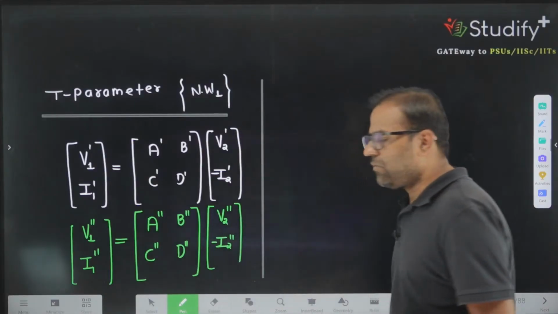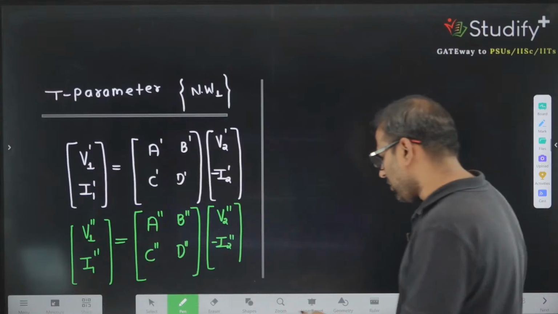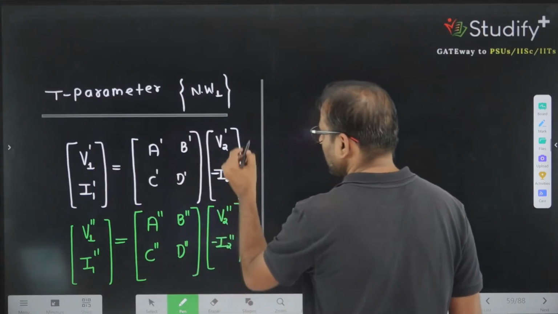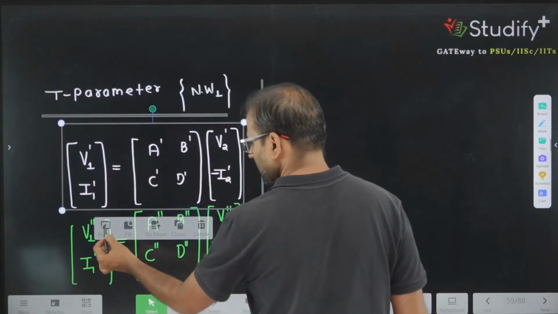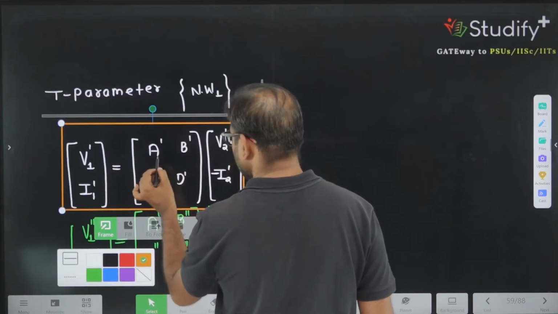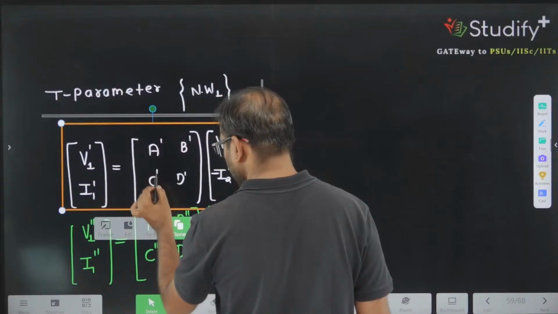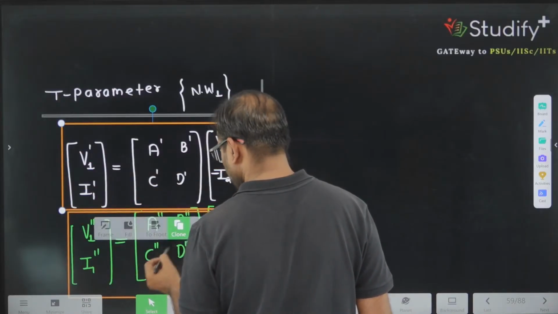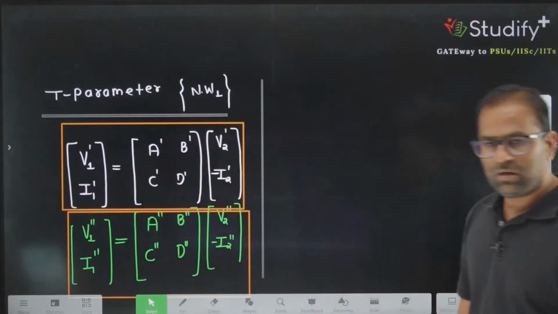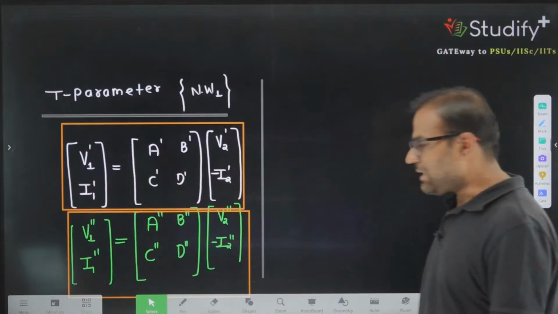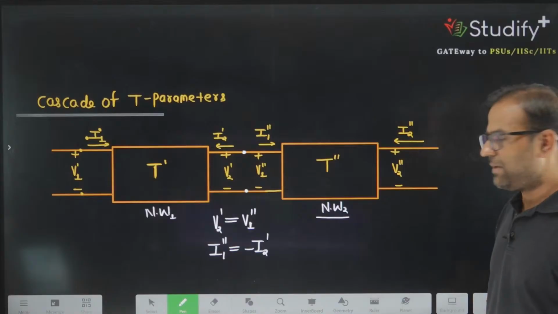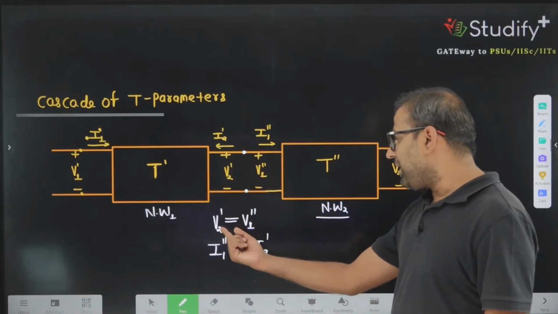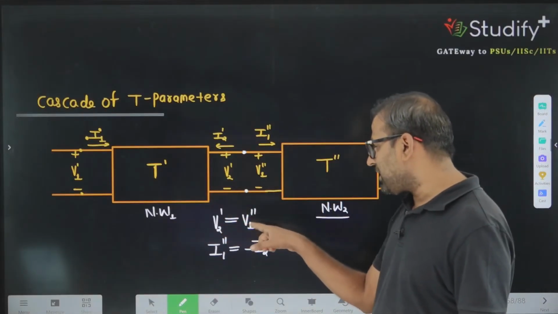What we did, we have written the two different T parameters for network number 1 and the same for network number 2. Now let's use the relationship. What kind of relationship do we have between these variables? V2 prime is equivalent to V1 double prime.